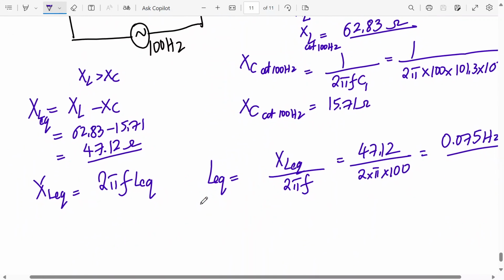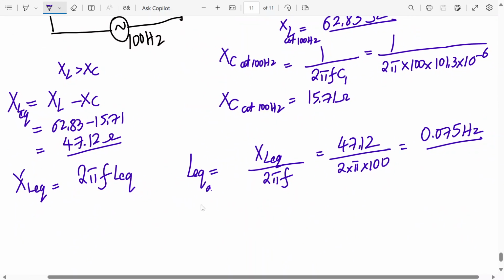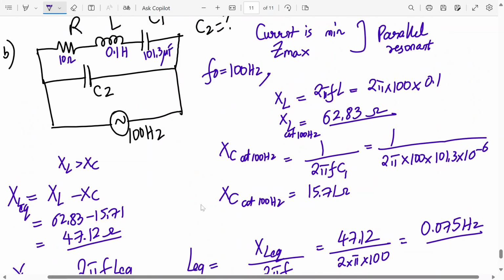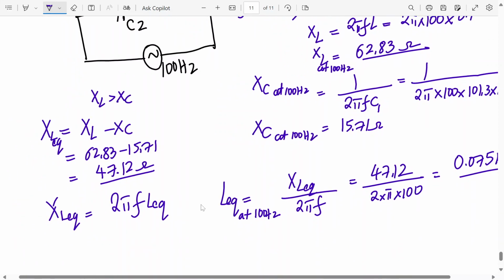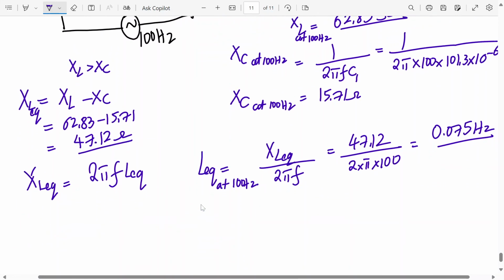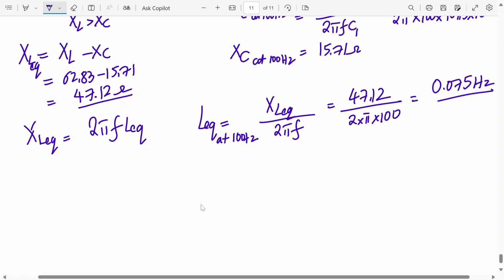So all components we have found out at 100 hertz. XC, XL and L equivalent. Now, what is the resonant frequency formula at parallel resonance?